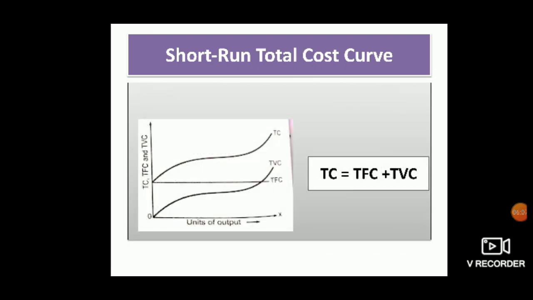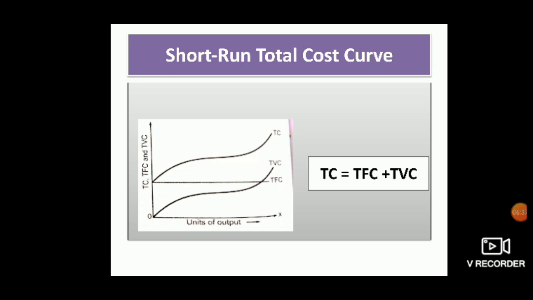Now you can see the formula of total cost, and you can see the graph which shows total cost and which important costs are incurred in total cost: TC is equal to TFC plus TVC.